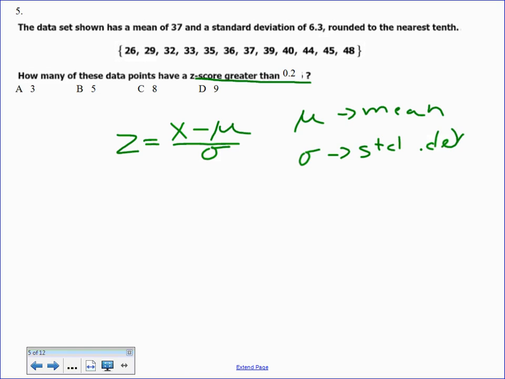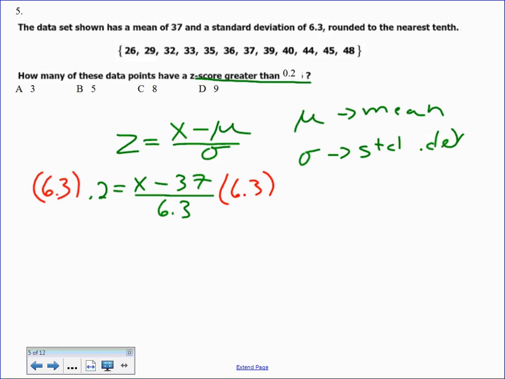So, 0.2 equals x minus 37 divided by 6.3. So we're going to have to multiply both sides by 6.3. And I get 1.26 equals x minus 37.